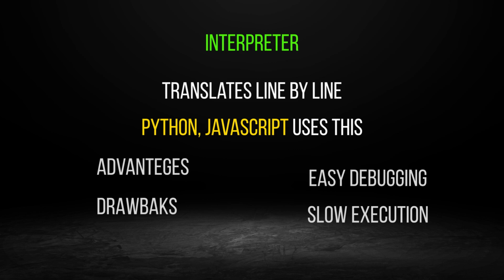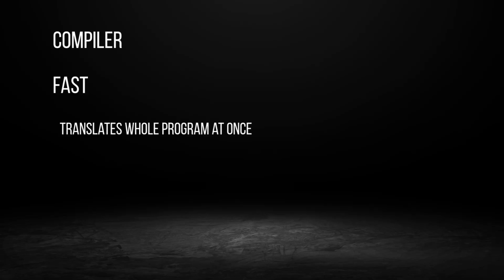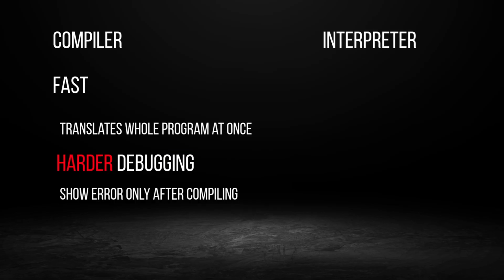Are you confused here? Don't worry, let's compare compiler and interpreter. Compiler is fast, reads the full program, harder to debug. Interpreter, slow, but reads line by line, easier to debug.